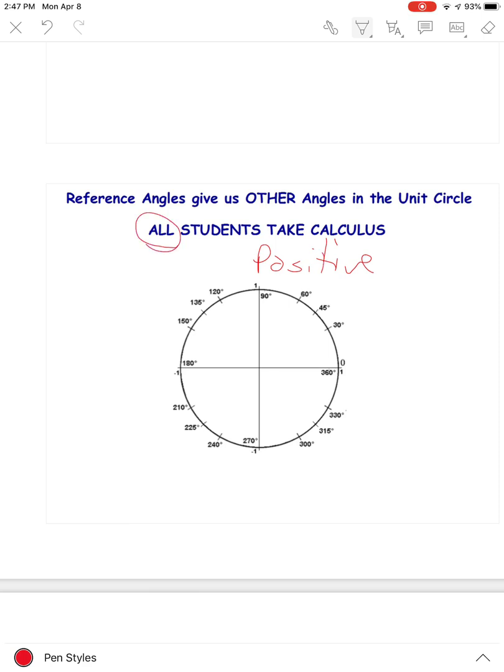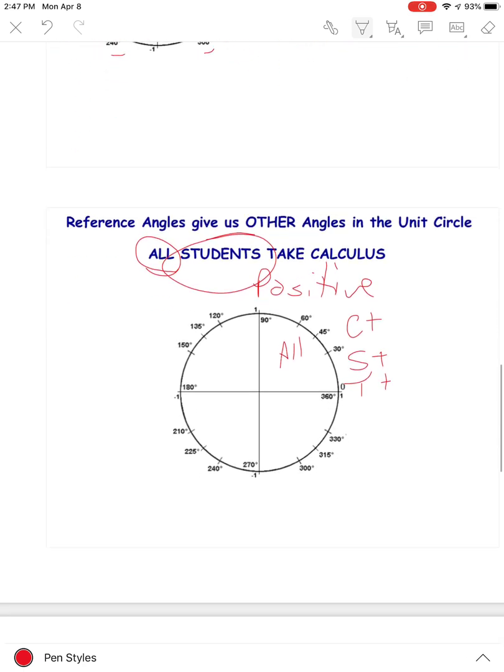So here in the first quadrant, I've got all of them: cosine's positive, sine's positive, tangent's positive. Over here, I've got students. Just checking real quick. So student stands for the fact that sine is positive, and the other two then would be negative.